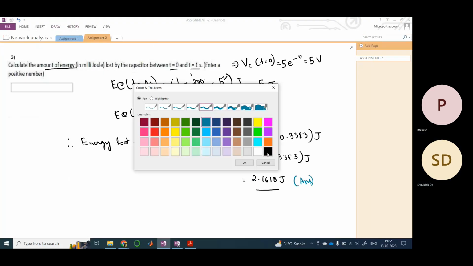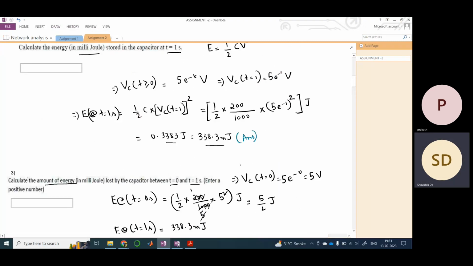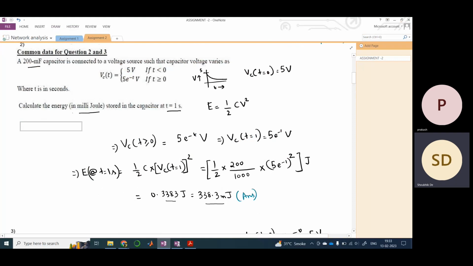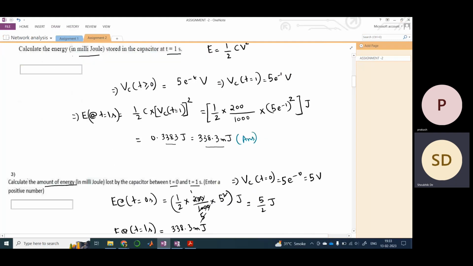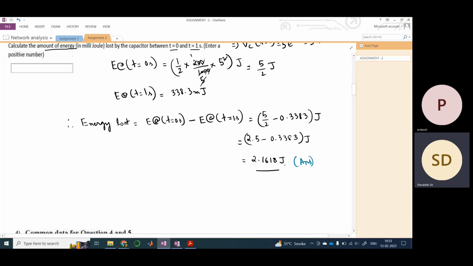And this was a very simple problem, provided you understood the first problem, where we were told to find the energy stored in the capacitor at t equals 1 second. Here we also need to find the energy stored by the capacitor at t equals 0 second. Then we know the energy stored at t equals 1 second, we just find the difference between the two, and we arrive at this number.